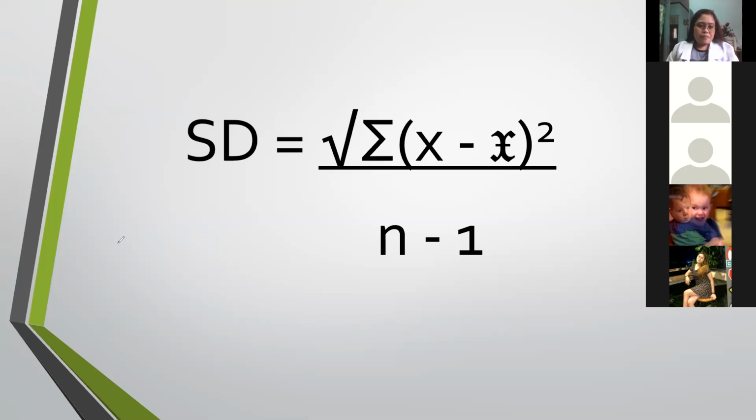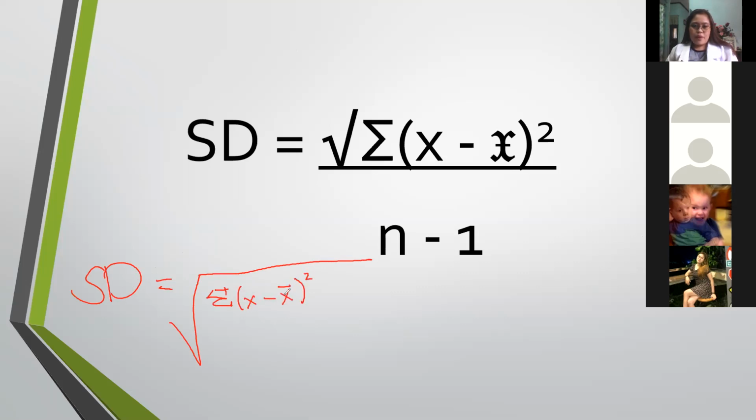Let me clarify because I have difficulty writing this. Type this. This is the true formula, class, with everything inside: summation of the score minus the mean squared, divided by n minus 1.